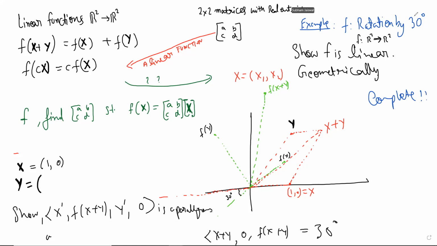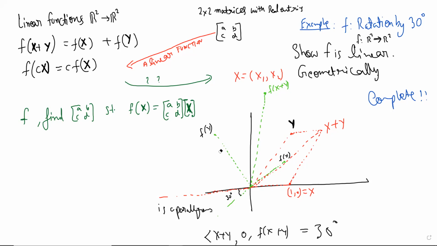Now the task is, now it's a linear function, so you can see it, okay? You can see that it's linear. Now that it is linear, how do we use it to find the matrix for it?